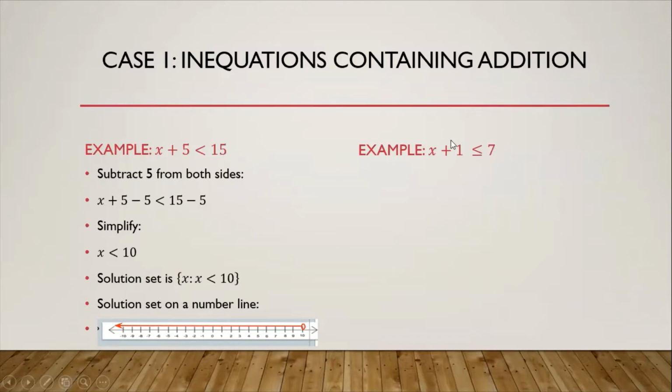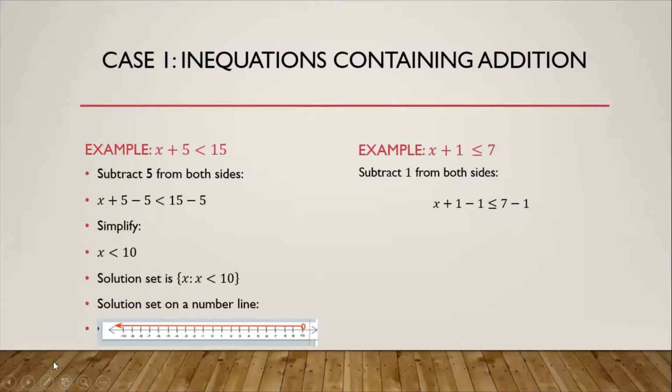So that means we want to transfer this positive 1 to the other side of this symbol. How do we do that? By doing the opposite operation, which is to subtract 1 from both sides. And this is how you would write that in your book. So it is x plus 1 minus 1 less than or equal to 7 minus 1.